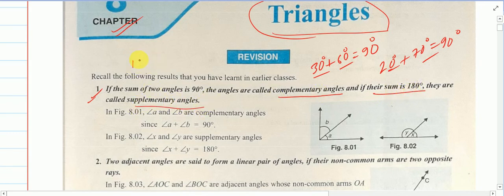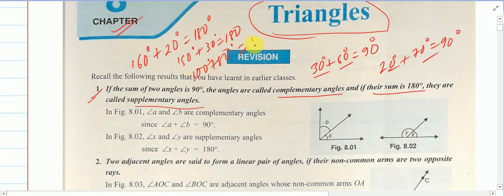And if the sum of two angles is 180, then they are called supplementary. Like 160 degrees plus 20 will be 180. 150 plus 30 will be 180. 100 plus 80 will be 180. So 160 and 20 are supplementary. 150 and 30, they are supplementary. 100 and 80, they are supplementary because their sum is coming to be 180 degrees.